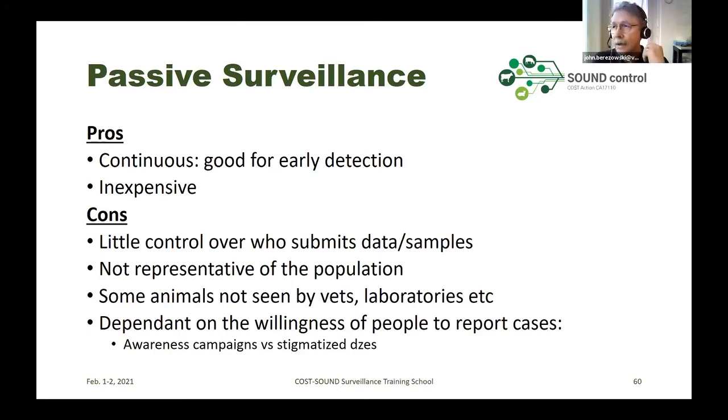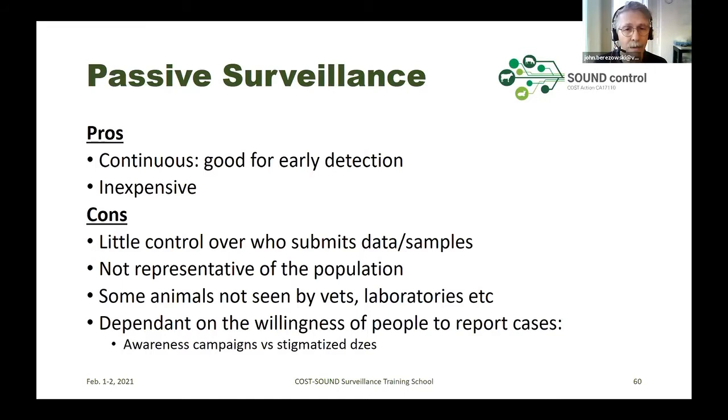So people have to be aware of the importance of reporting the cases, and stigmas have to be removed from reporting the cases. The first case of BSE that was reported in Canada was not really even reported.